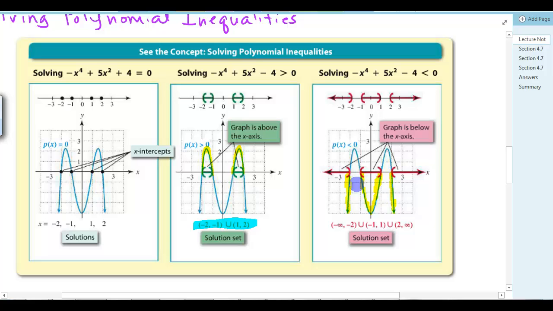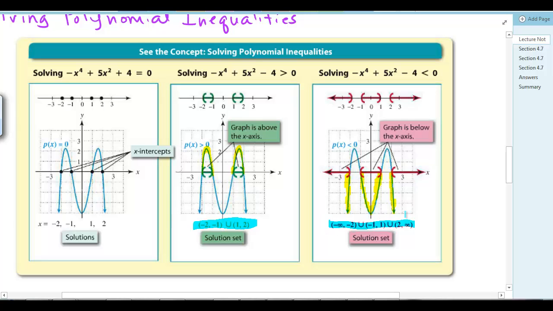All right, so we can see it's from negative infinity up to negative 3. I guess that's negative 2, sorry. And then between negative 1 and 1, and then from 2 to positive infinity. So here it is written on just an inequality number line. Here it is in the interval notation.